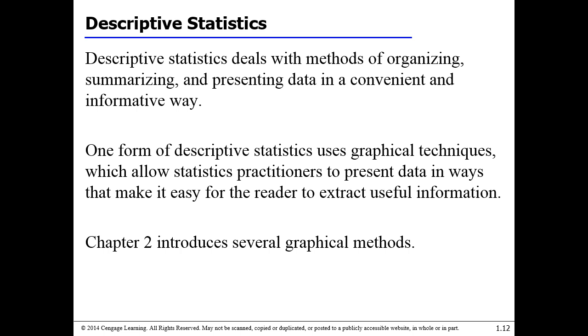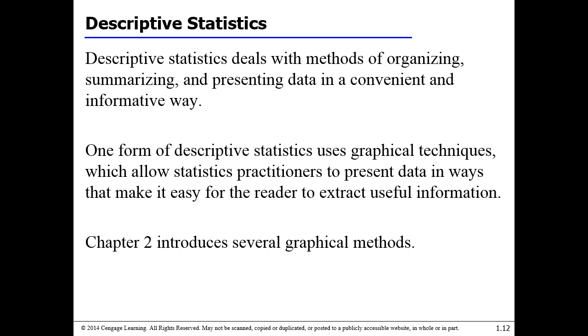Descriptive statistics deals with methods of organizing, summarizing, and presenting data in a convenient, informative way. GPA is descriptive statistics. It's called numerical descriptive statistics because we're using a number to describe how good of a student Ebony is.